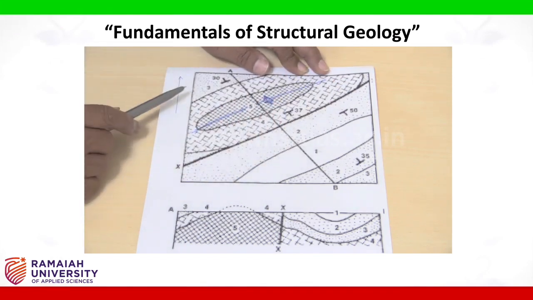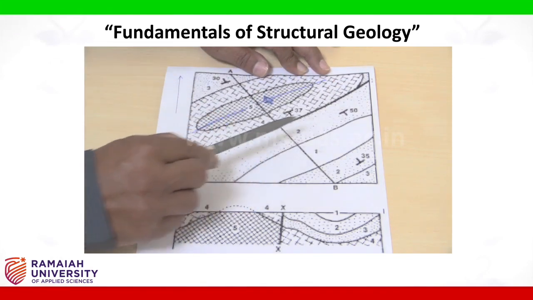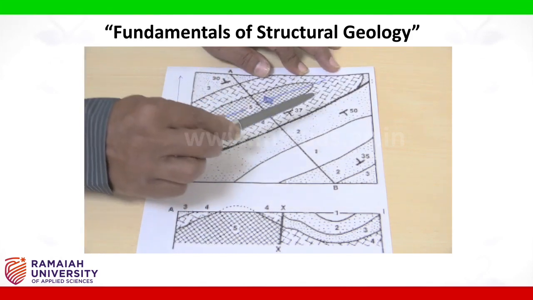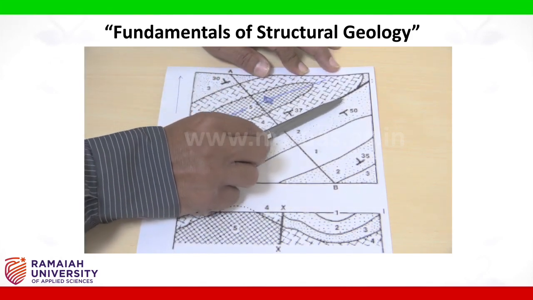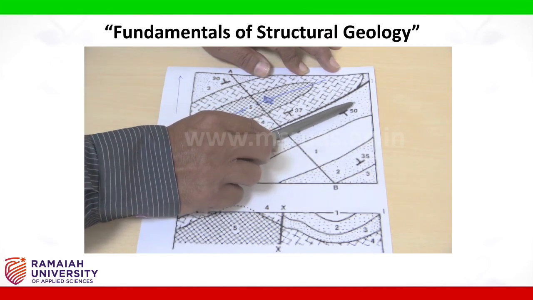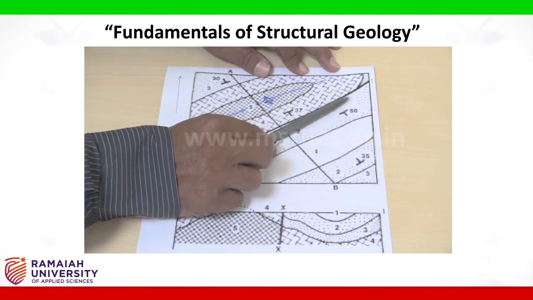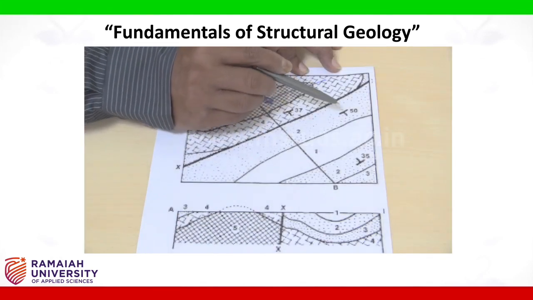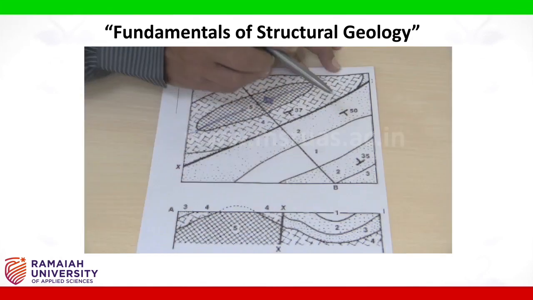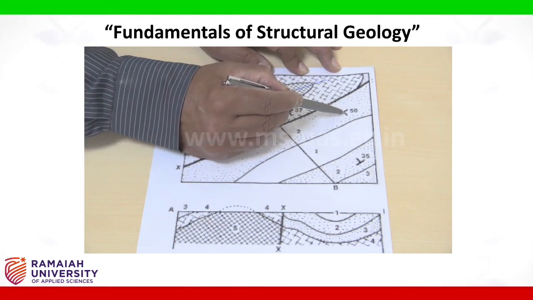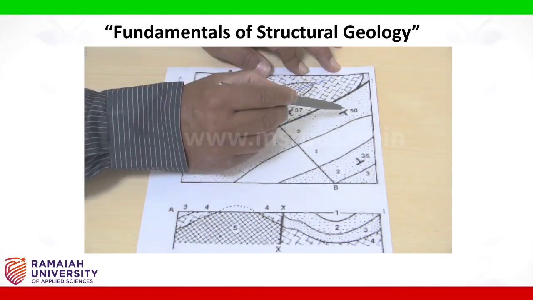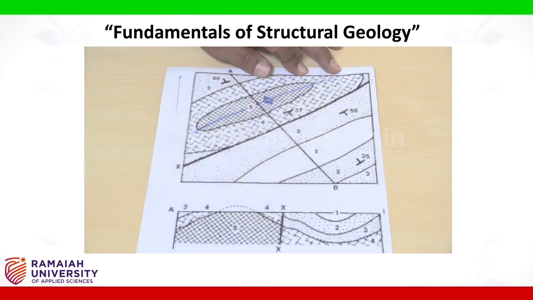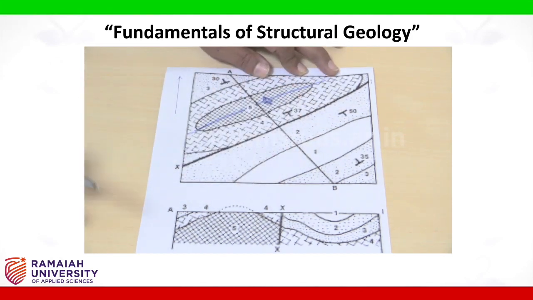Here in this map, this particular bed showing the dotted symbol is aligned in direction northeast and southwest, and the dip direction is towards southeast with an inclination of 50 degrees. This is how the inclined beds are represented on the map.